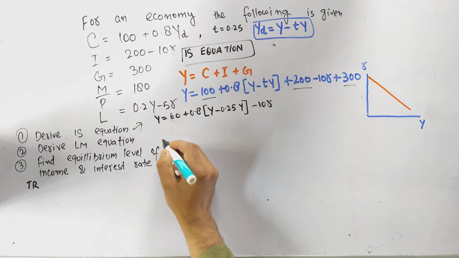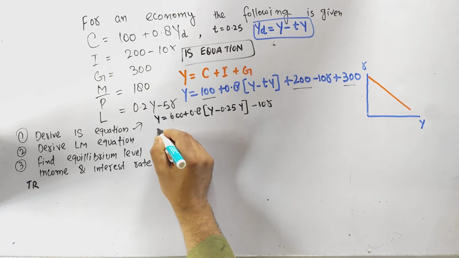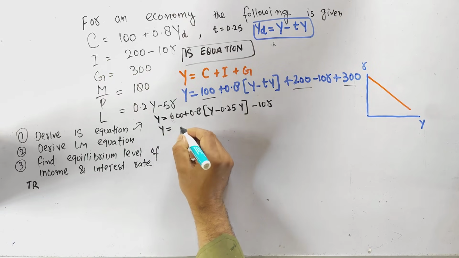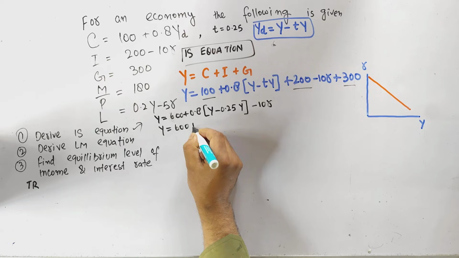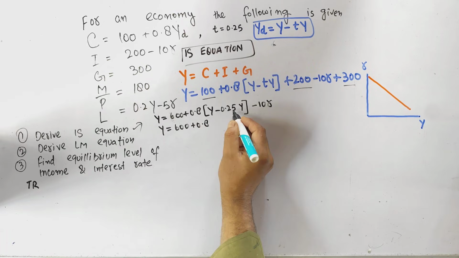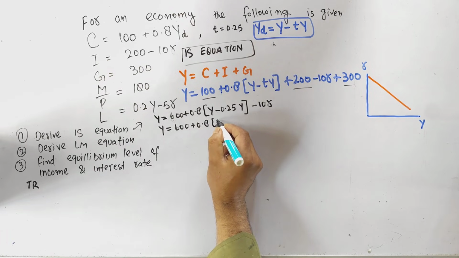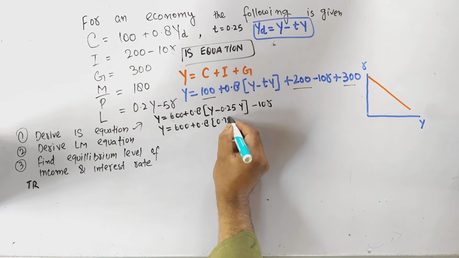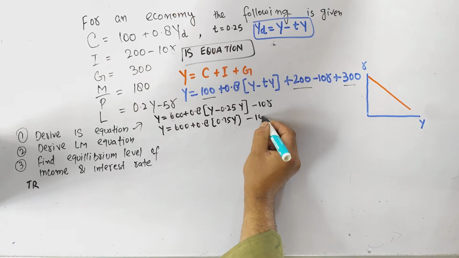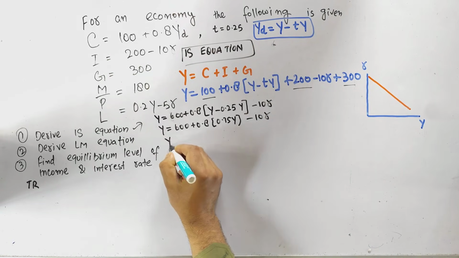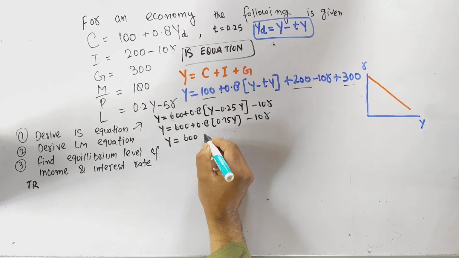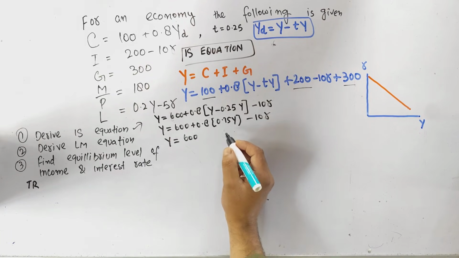Our total income Y will be equal to 600 plus 0.8Y minus 0.25Y, which is 0.75Y, minus 10R. So Y will be equal to 600 plus 0.8 into 0.75.